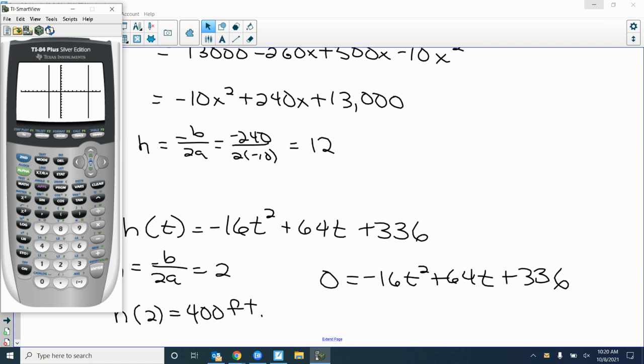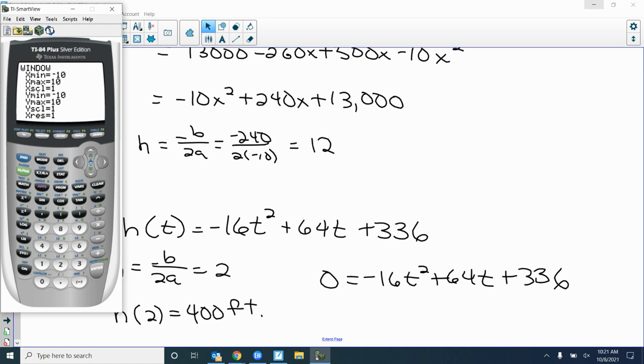What would be the y-intercept for that graph? 336, right? And what's the highest point it hits? 400. So why don't we see anything on our graph? Because my window only goes up to a max of what? 10.